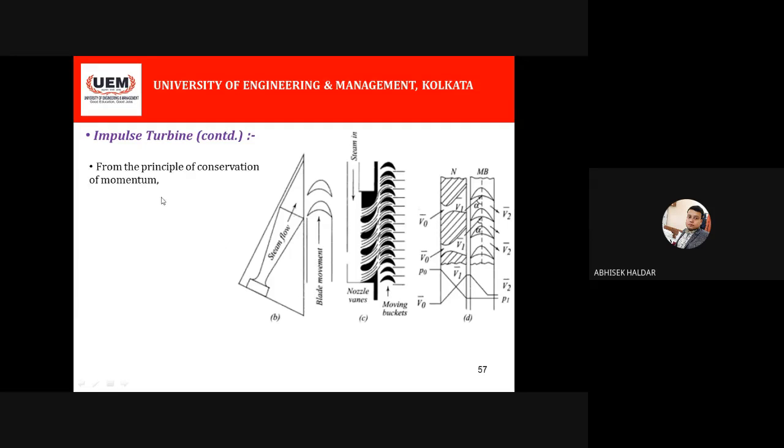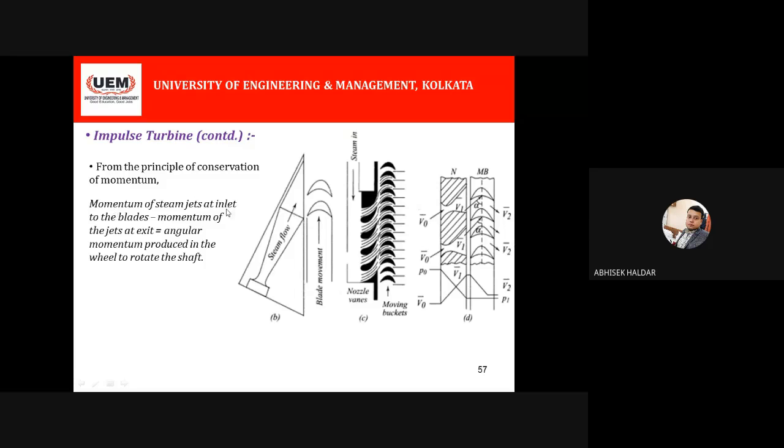From the principle of conservation of momentum, I was talking again and again about the impulsive effect. You can see that the rate of change of momentum follows as the velocity changes. The momentum of the steam jets at the inlet to the moving blades, minus the momentum of the jets at the exit, with this exit velocity. If I know the velocity and the mass flow rate, I can calculate the momentum flow rate.